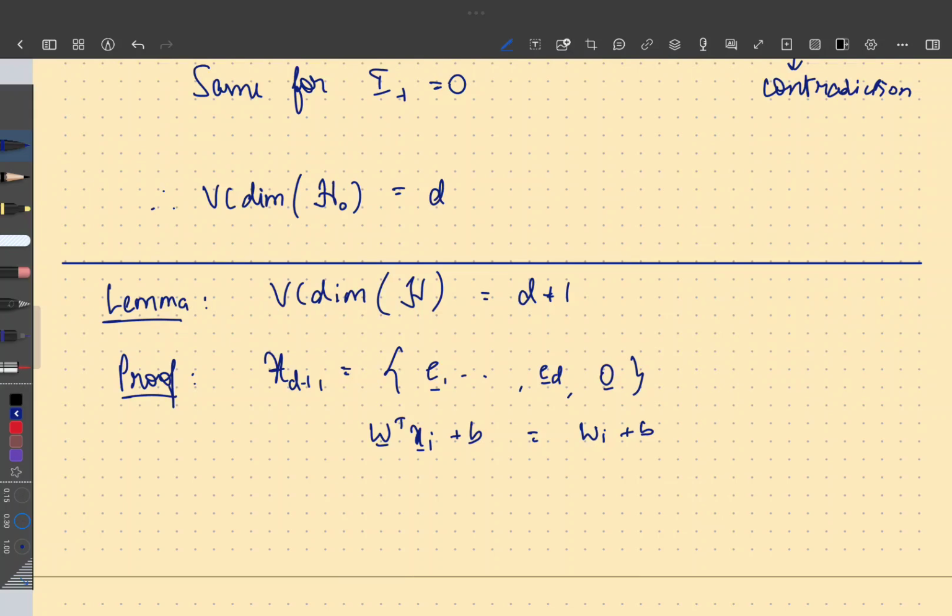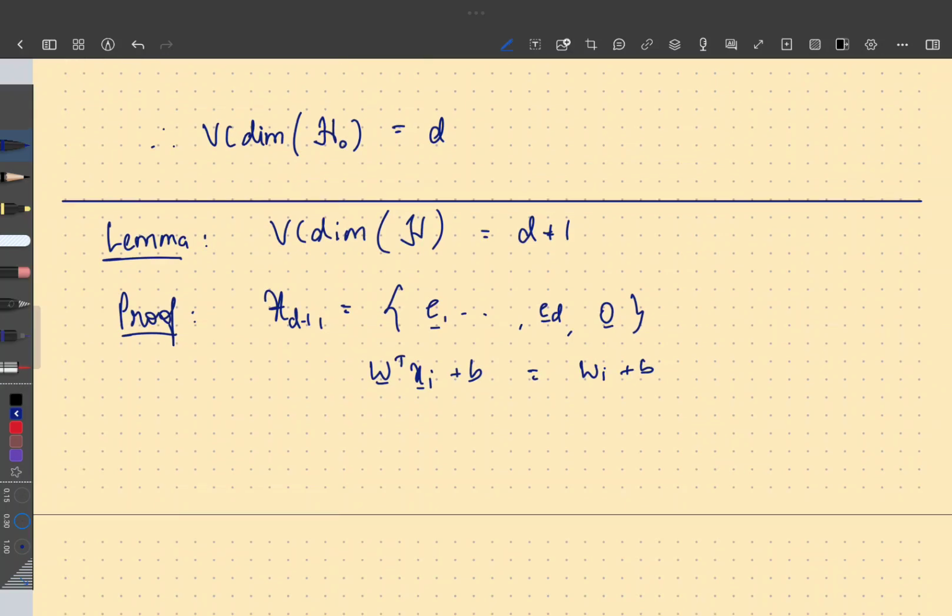There are multiple ways to go about this. Consider any labeling y1 through yd and a y0. So there are d plus 1 points, and I have 2 to the d plus 1 possible labelings that I want to generate.